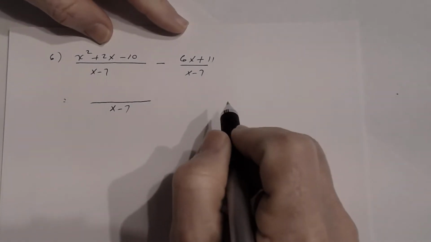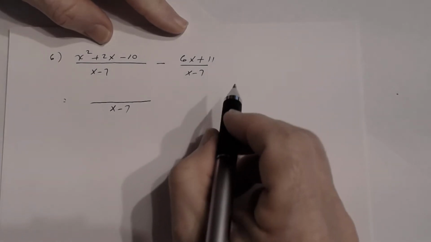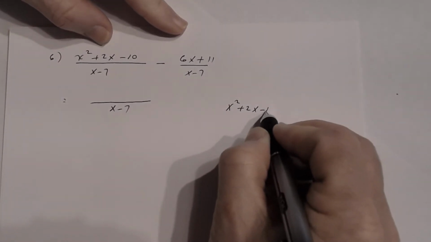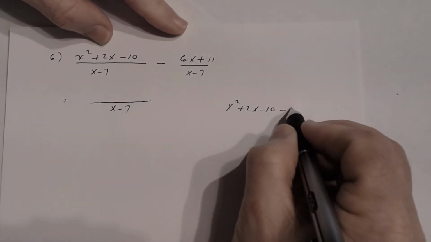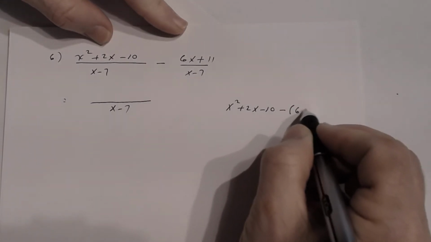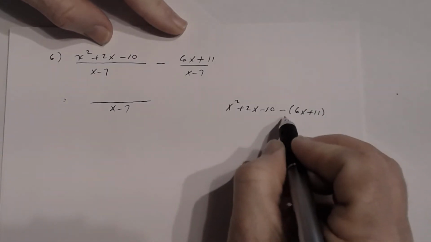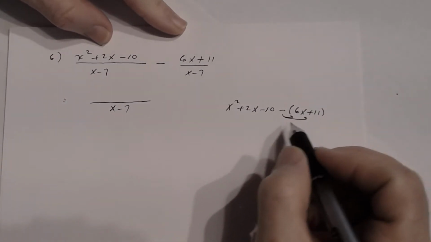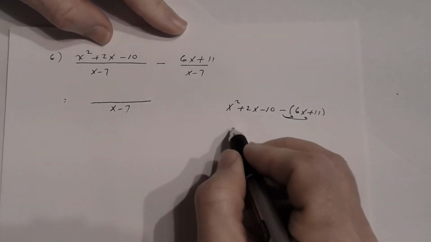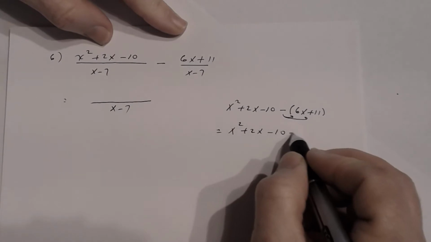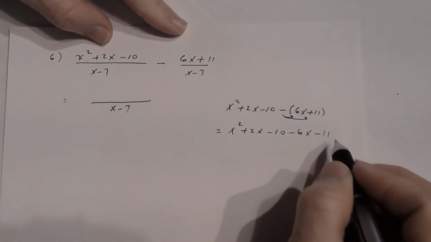When you're subtracting, write it out. It helps. So I get x squared plus 2x minus 10, and then I'm subtracting, in parentheses, 6x plus 11. Then distributing, get rid of the parentheses. I get x squared plus 2x minus 10 minus 6x minus 11.